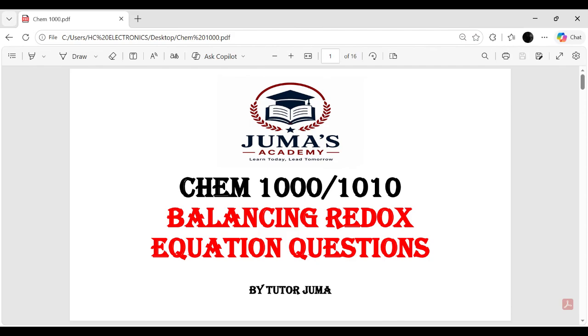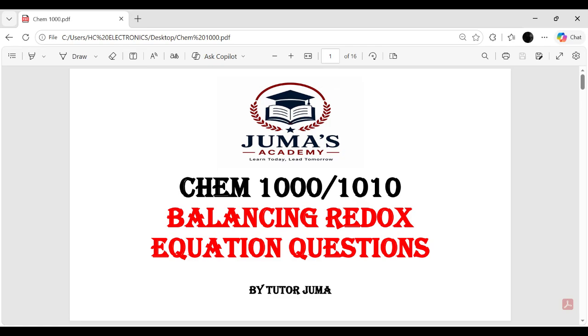So it is very important that you know how to balance these redox equations because it won't only be beneficial for stoichiometry, but it will also be beneficial for electrochemistry. It's preparing you for both, where we have electrochemistry in your test two.